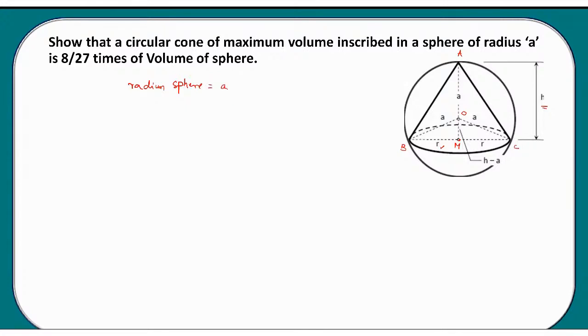Okay. Now, the radius of the sphere is given as A units. What is the volume of the sphere? The volume of the sphere is equal to 4 by 3 pi A cube, since in this case the radius is equal to A. Now we are considering that the radius of the cone inscribed in the sphere is R units, and the height is H units.